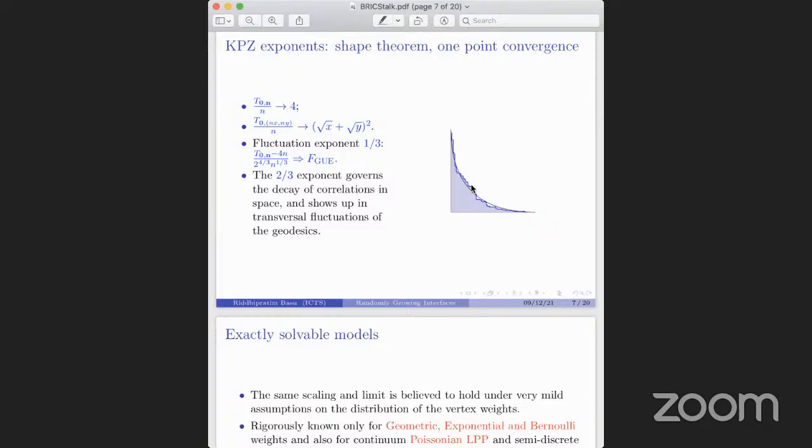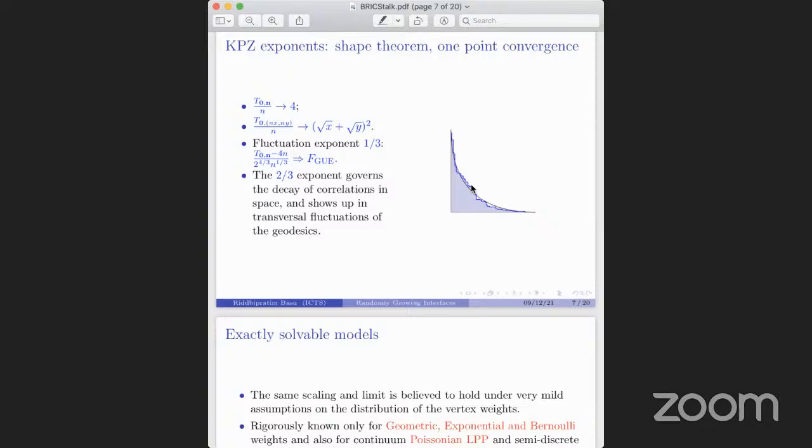Because this decay also depends on t, the correct scaling comes if you do a Taylor expansion of this first order behavior. You will see that this becomes b of x minus x squared over t. Now you want to understand the maximum of a Brownian motion b of x minus x squared over t.